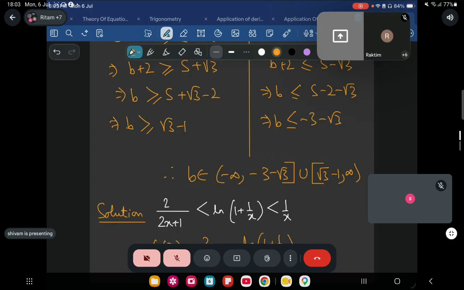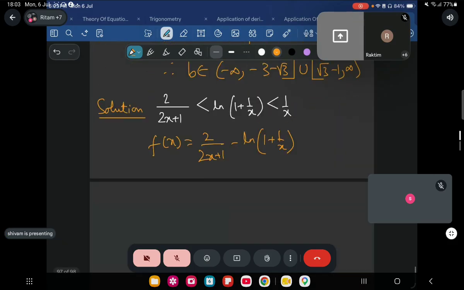If I prove that f of x is less than 0 for all x belongs to real, my proof is done. And another one, I'm taking g of x equal to ln 1 plus 1 by x minus 1 by x. Again, if I prove g of x is less than 0 for all x belongs to real, my proof is done. Right or not?